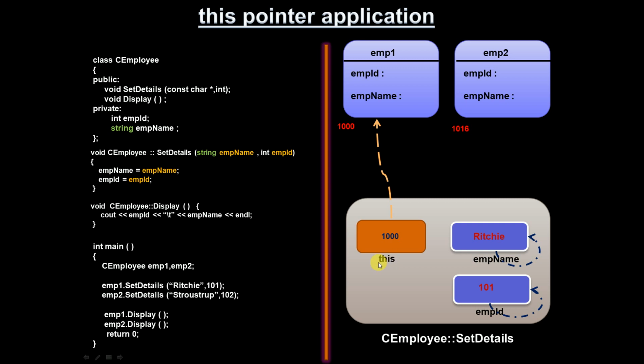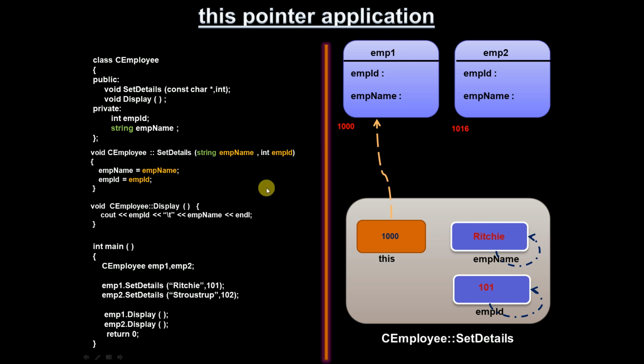How can we say it? We have a pointer and it is pointing to this object. We can say this arrow emp name equals to emp name, means wherever my this pointer is pointing to that emp name, you copy this local variable emp name, and wherever this arrow employee ID is, to that place only you copy this 101 value.